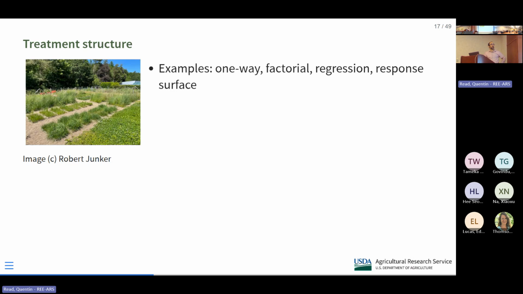So, treatment structure: we have a lot of different designs. You may have heard these terms, and some of your studies are set up along these lines. Like a one-way design, if you just have one factor, like drug versus no drug, or doses of one drug, that's a one-way.